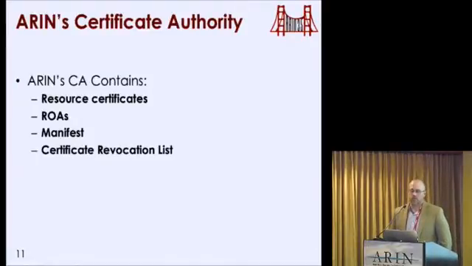It's a CMS object which lists a hash of all the files in the repository, and it's there to protect against a denial of existence attack against a repository. And then there's the certificate revocation list, commonly called CRLs. CRLs allow a CA operator to prematurely expire a certificate, either the ROA or a subordinate certificate authority.